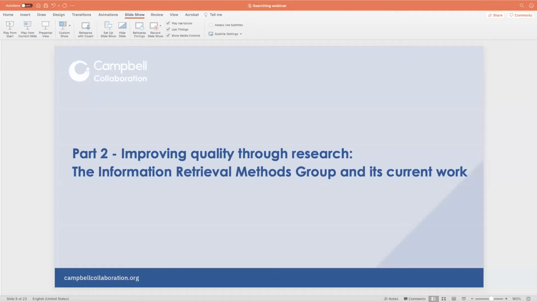So for the next portion of this talk, I'm basically just going to be giving you a brief introduction to our information retrieval methods group, and then talking about a little bit of work that we're doing toward improving and advancing some of the search methods and reporting that Ciara just covered in the first part of the talk.